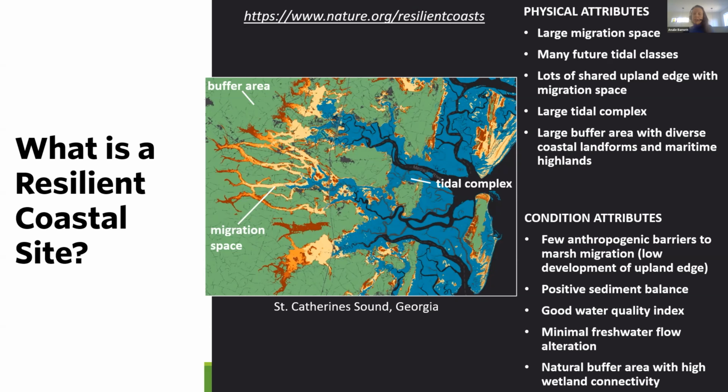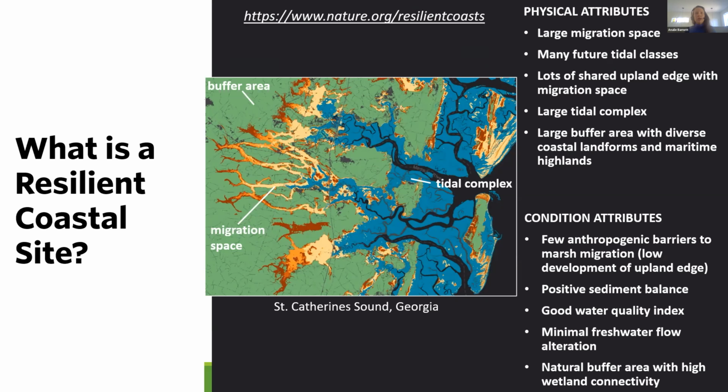So while the physical factors focus on the size and geometry of the site and its migration space, the condition factors focus on the processes that we think are important to enable the migration and formation of new tidal marsh. In our condition model, a tidal complex whose upland or upslope edge has few anthropogenic barriers, so there aren't any roads or buildings that could prevent the marsh from moving into its migration space.